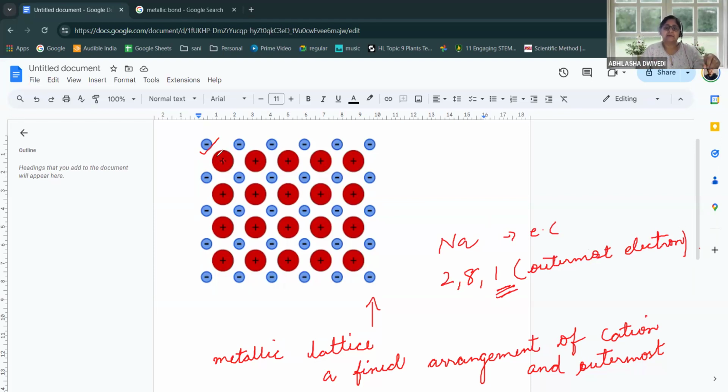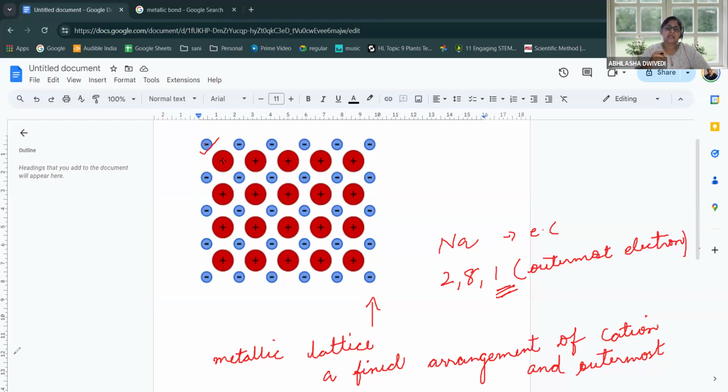Of course, you understand that. So there is a very strong electrostatic force of attraction, and because of that, these electrons, even though they are outside of the shell, are not going away. It is still held by the strong force of attraction from the nucleus to the outermost electron. That is what you have to remember.